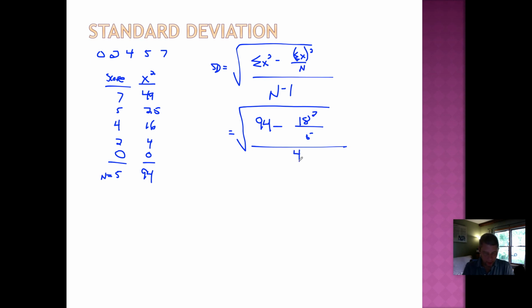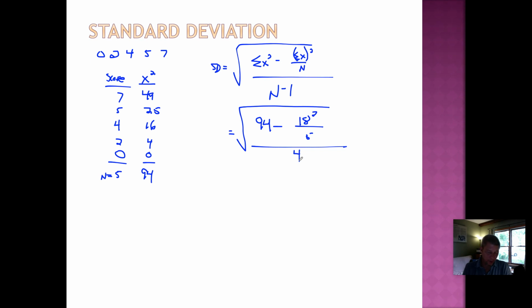Now, 18 squared is equal to 324. 324 divided by 5 is 64.8. 94 minus that is going to be 29.2. 29.2 divided by 4 is 7.3.